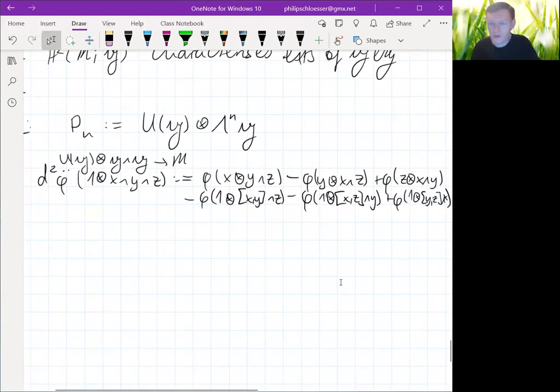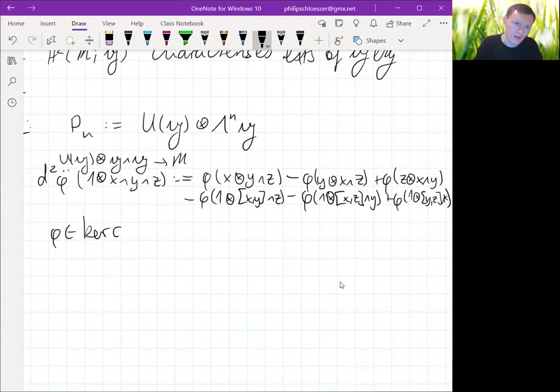But okay. So we have phi lies in the kernel of D2 if and only if that whole expression is equal to 0.